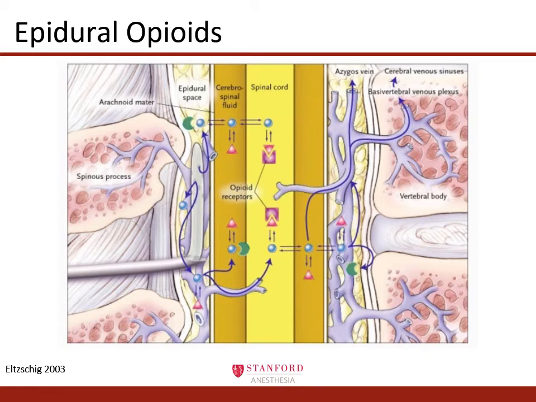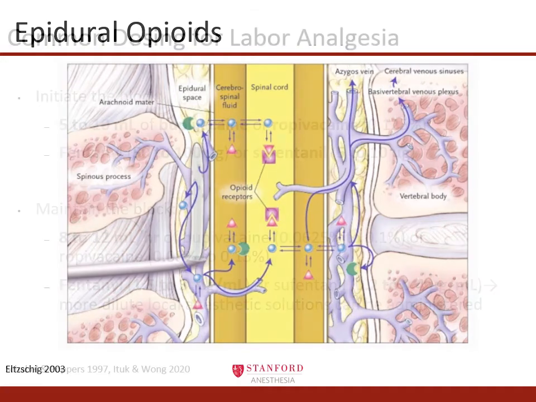And we often use this continuously as an infusion as well, at the rate of 5 to 20 micrograms per hour. Lipophilic opioids like fentanyl and sufentanil have an onset much faster of 5 to 15 minutes and a shorter duration of 2 to 3 hours. And bolus doses of 10 up to 100 micrograms can be given to provide analgesia.